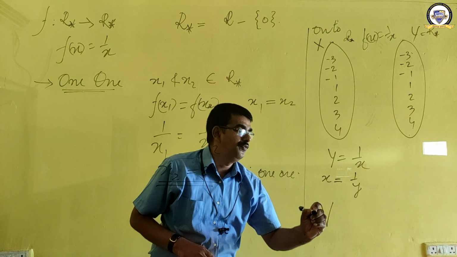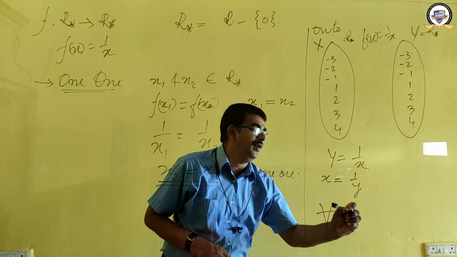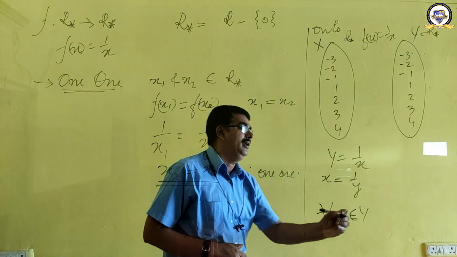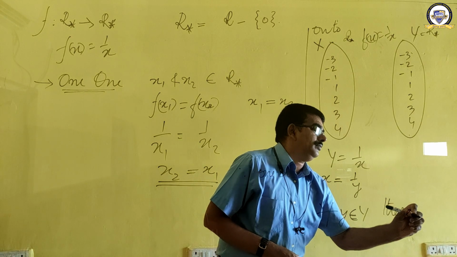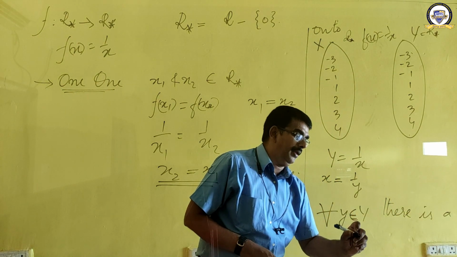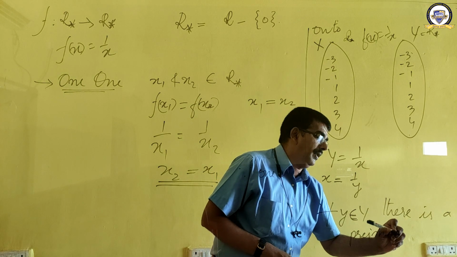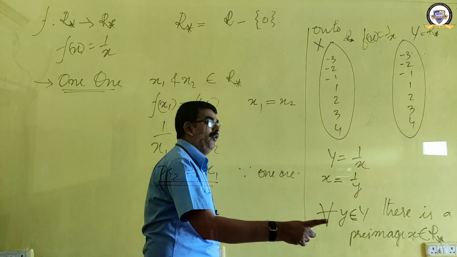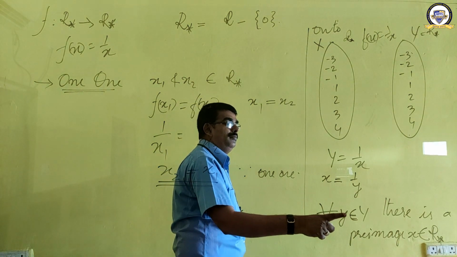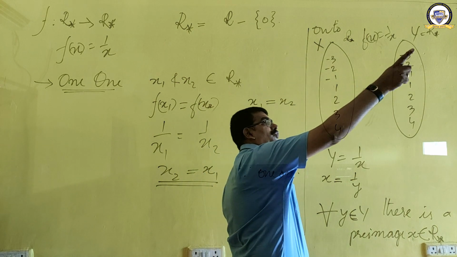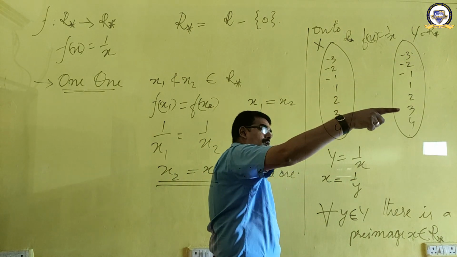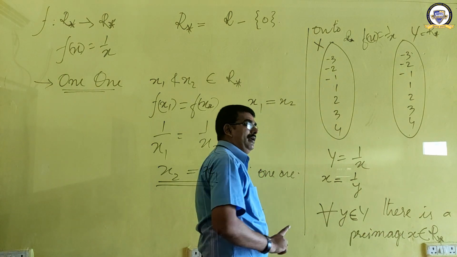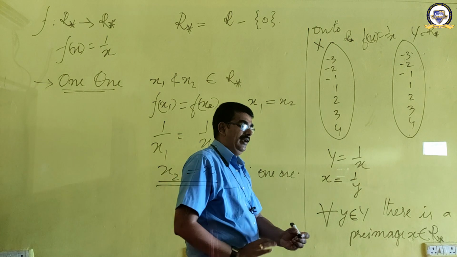So we can say, for all y belongs to Y, there is a pre-image x belongs to R star.